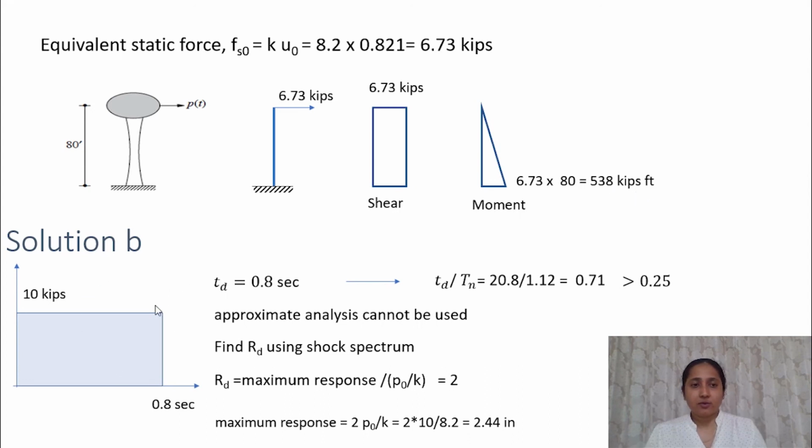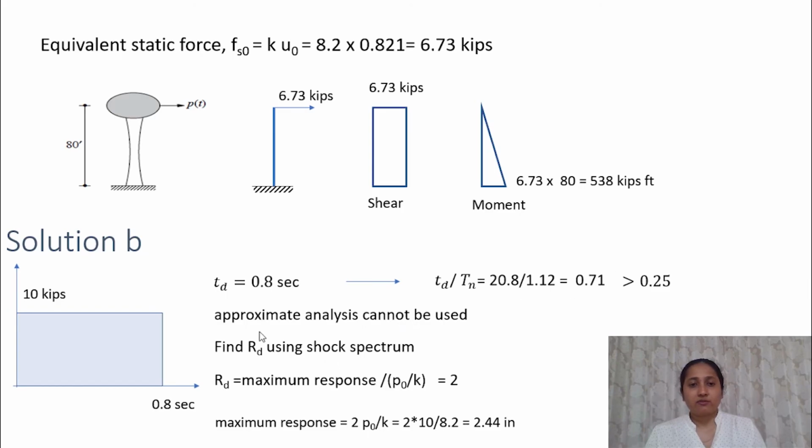Now for the next pulse force, the duration of the pulse is 0.8 second. So this is a long pulse. This 0.8 duration gives Td by Tn ratio equal to 0.71, which is higher than 0.25. So we cannot use the approximate method to find the maximum response.